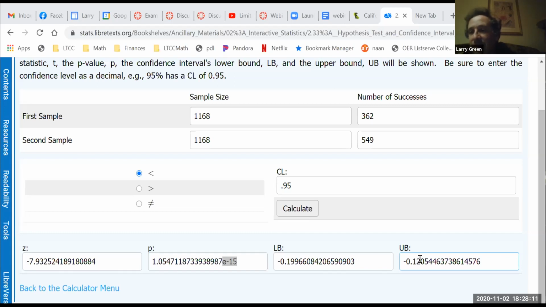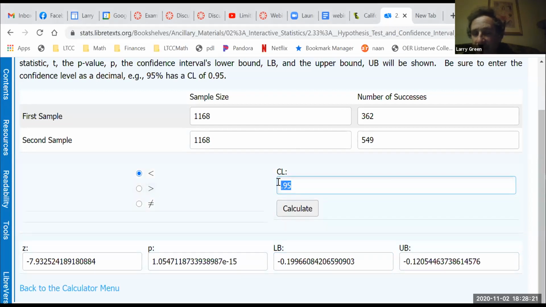If it's positive, then the proportion of yeses is more than the proportion of nos. So in particular, what we can say with 95% confidence is that somewhere between 12% and 19% more voters are going to vote no than yes on this proposition.